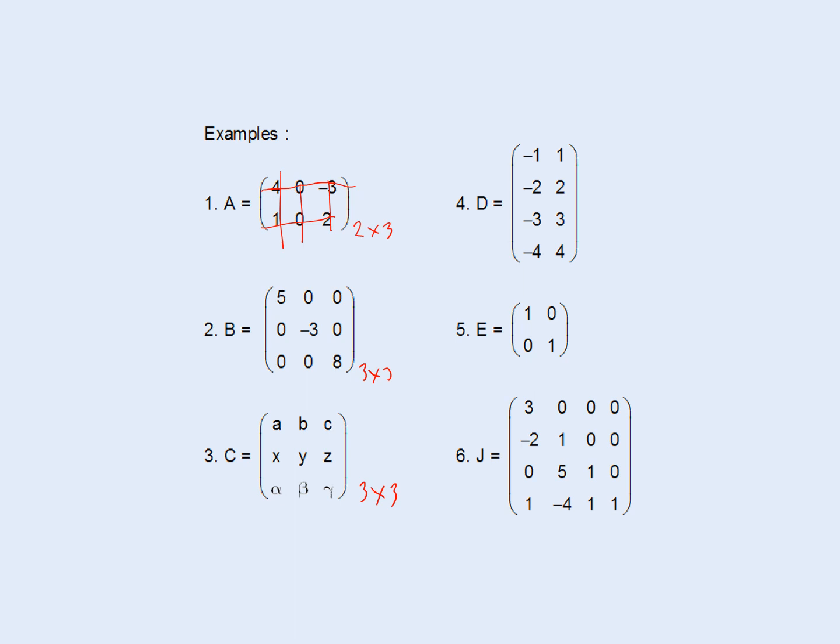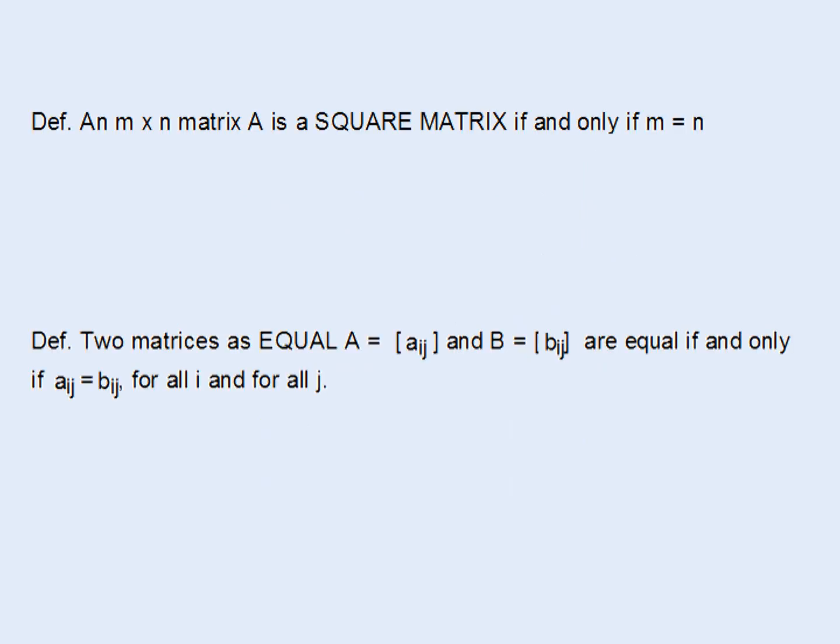Matrix D is a 4 by 2 matrix having 4 rows and 2 columns. Matrix E, on the other hand, is a 2 by 2 matrix, and matrix J is a 4 by 4 matrix.